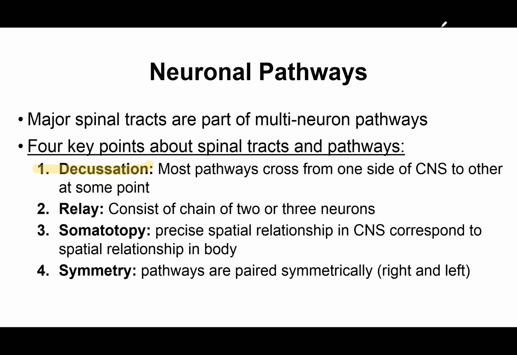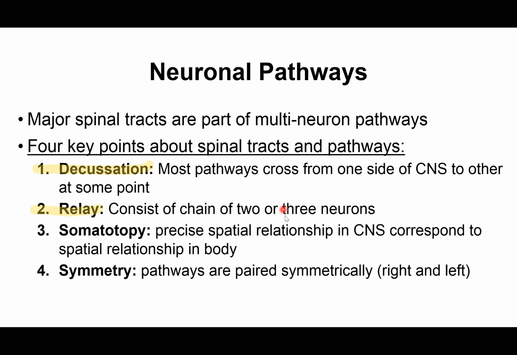The term relay refers to a chain action occurring between 2 or 3 neurons. It's like a chain reaction up the spinal cord, much like a relay race, to relay the information.